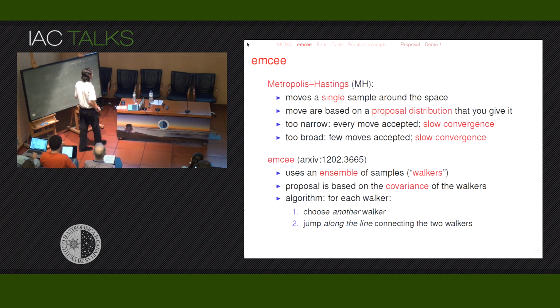And basically, the algorithm for this one is that for each walker, so this group of particles, each one of those is called a walker. And the algorithm is for each, when you're making a move, choose one other person in the group and move according to the line connecting you in parameter space.